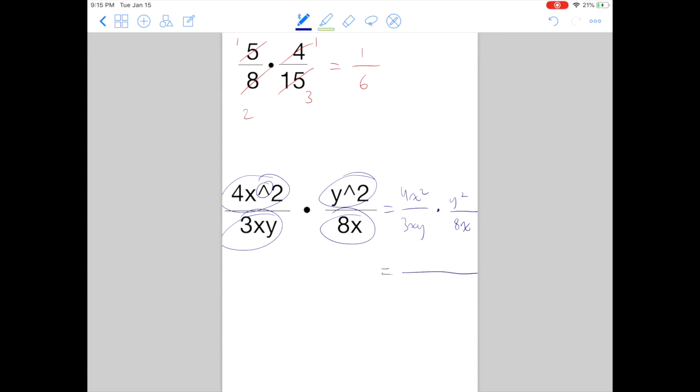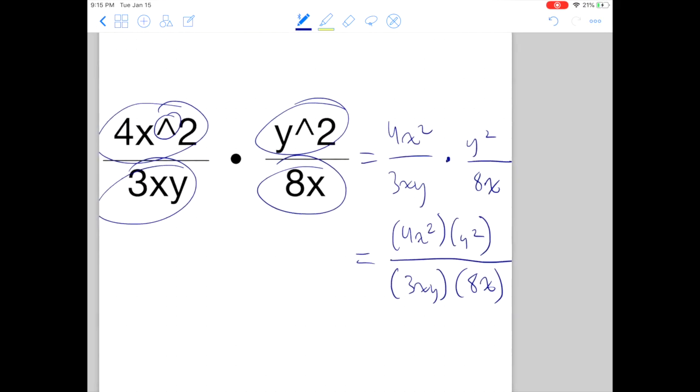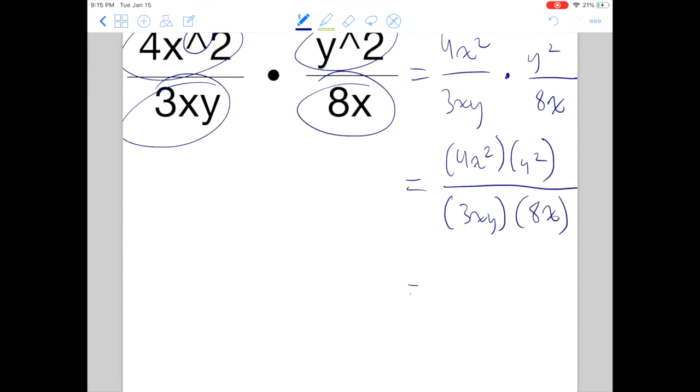And from this we can make it all one fraction and get 4x squared times y squared over 3xy times 8x. And now from this, we can multiply this by this, multiply this by this. So what we get from this is 4x squared y squared over 24x squared y.